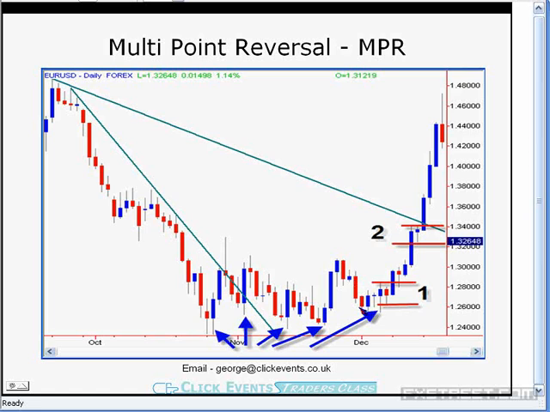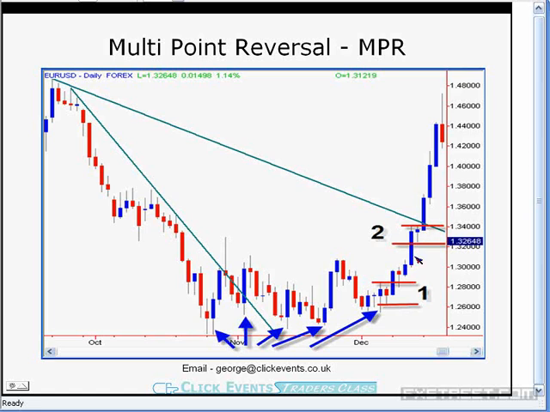Now if the trader still had a piece of that trade on, as money management would suggest he or she should, then when we start to get this further consolidation here at 0.1, one could add into it, and then from here price goes up to point 2, and there's yet another opportunity to add further into this position.